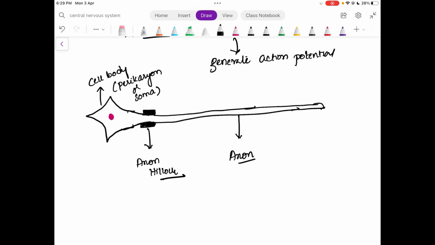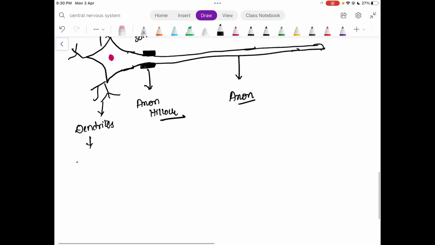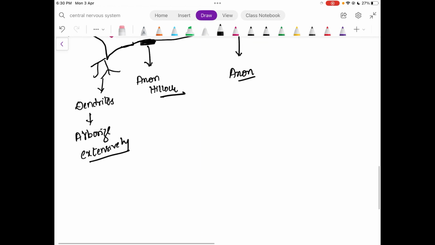And in the cell body, they will have dendrites. These dendrites have ramifications. They will arborize, that is, branching will occur, and this branching can be very extensive. What is the function of these dendrites?